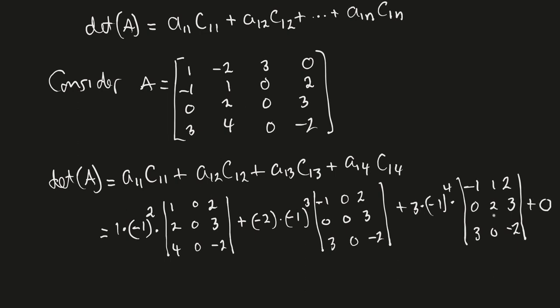So I'll just put a 0. But still, to evaluate the determinant of this 4 by 4 matrix, I then have to compute the determinant of these smaller 3 by 3 matrices. I would have to do my cofactor expansion again on each, with 3 terms, each multiplying a 2 by 2 determinant.